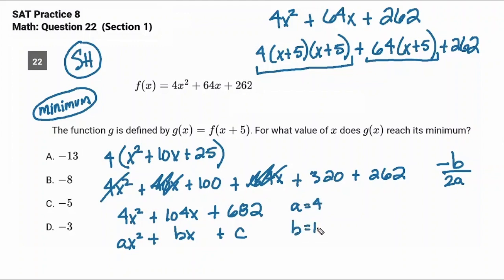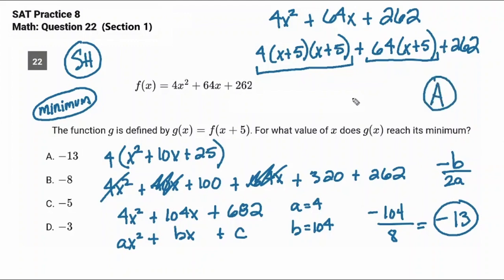B is 104. C term doesn't matter because it's not in the quadratic minimum thing. So it's negative b, negative 104 over 2 times a, 2 times 4, which is 8. You're so close. Use your calculator. And you get negative 13. And that's the answer to this hard question. It's A. You get it right. And now you get to move on to section 2.